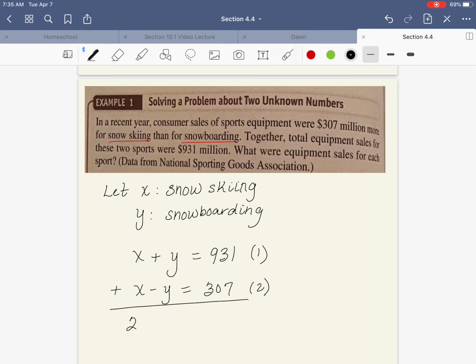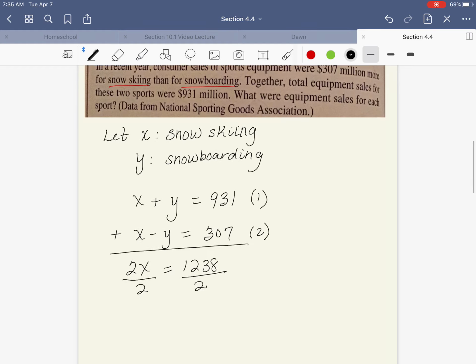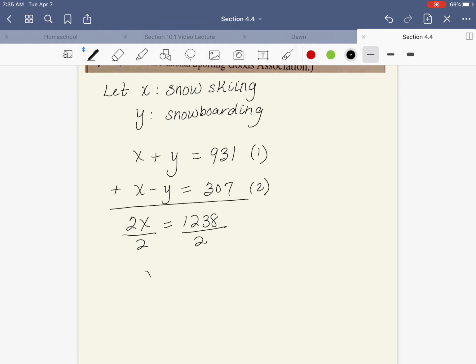So we get 2x is equal to 1,238, and divide both sides by 2, and you get x is equal to 619. And then I can go back and plug that into either equation.